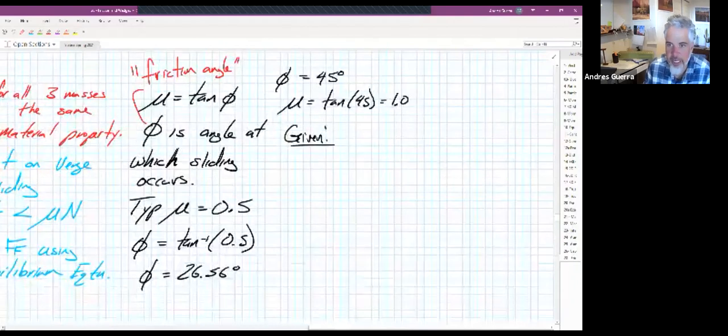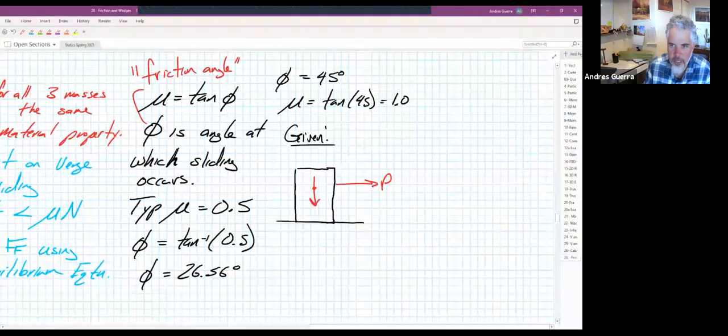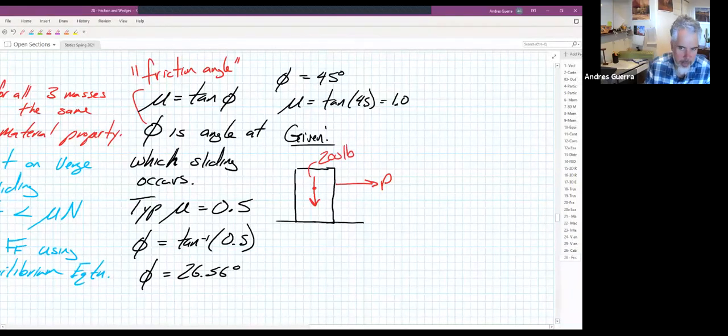All right, so let's jump into an example where we have a crate sitting on a horizontal surface. We're going to apply a force P right here, which we're going to find. The weight of this crate is 200 pounds.